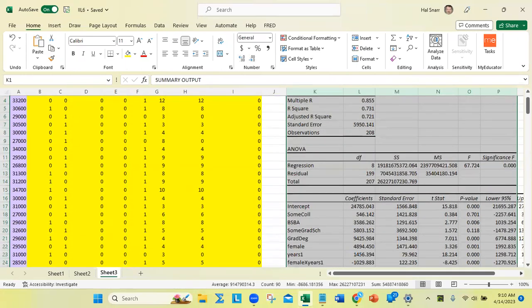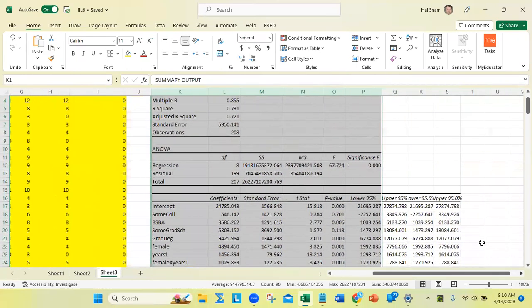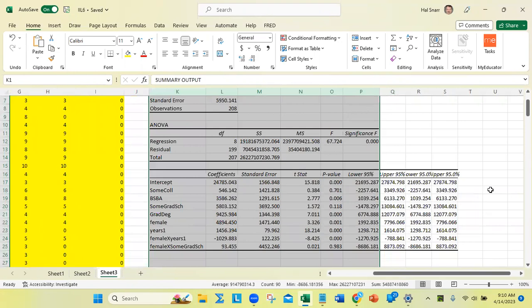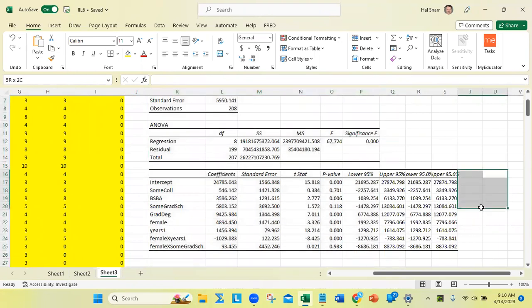And then I'm going to come over here and get rid of the confidence intervals, prediction and confidence intervals. So I'm going to highlight these cells out here, grab the bottom right-hand corner, holding down the left mouse button as I do, to wipe out the confidence and prediction intervals.